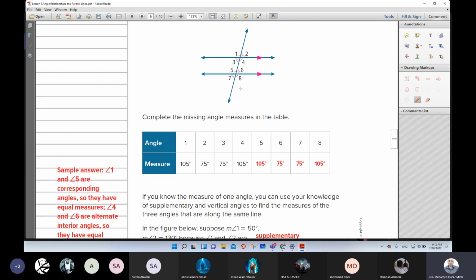As you see, we have 8 angles. We have 2 parallel lines, and this line is a transversal with the 2 parallel lines. From this table, the measure of angle 1 will be 105 degrees, and angle 2 will be 75.